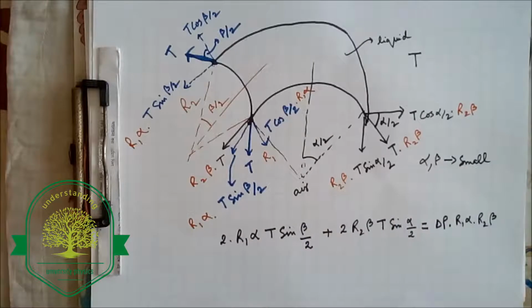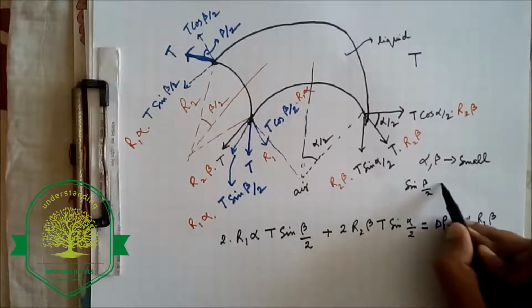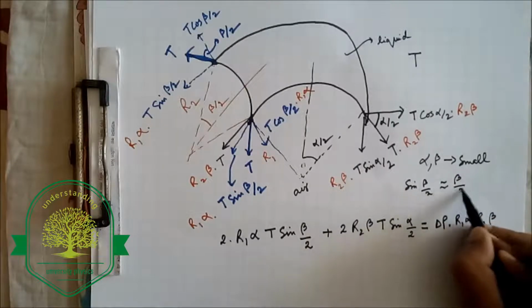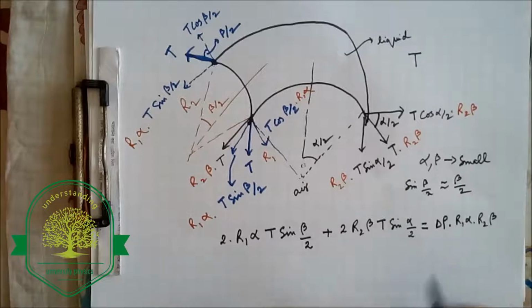If alpha and beta are small, then sine beta over 2 can be approximated as beta over 2, and the same for sine alpha over 2. It can be approximated as alpha over 2.